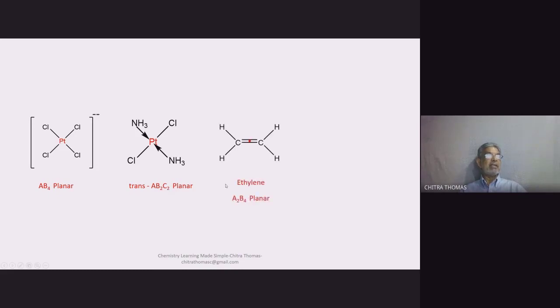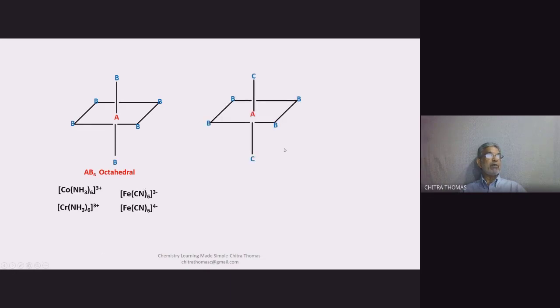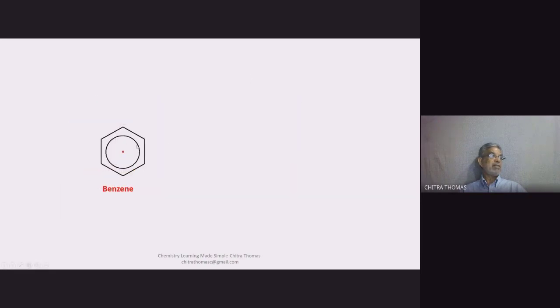Then ethylene. These are some of the molecules with an inversion center. Then these are octahedral molecules, AB6 or AB4C2. Then benzene, this has the inversion center. Then naphthalene has the inversion center.